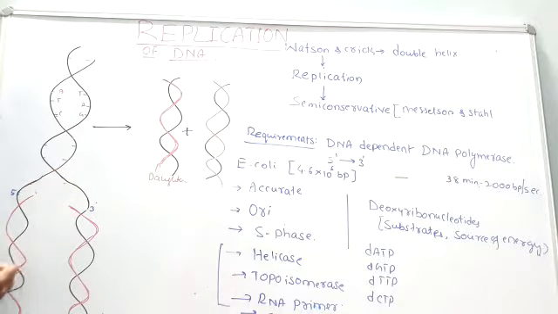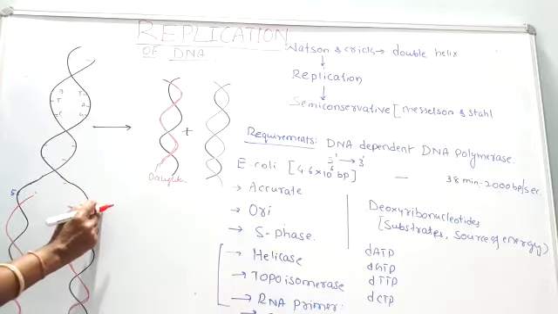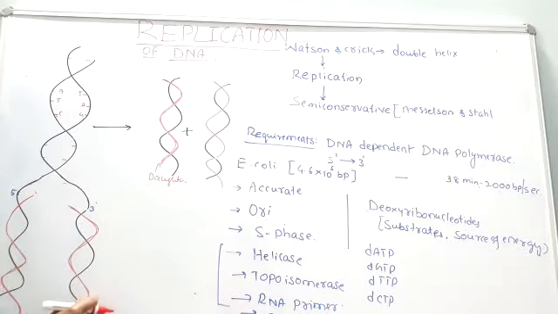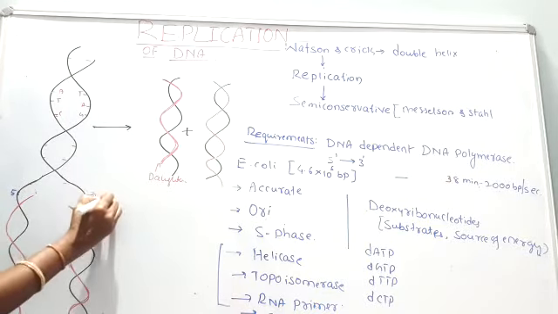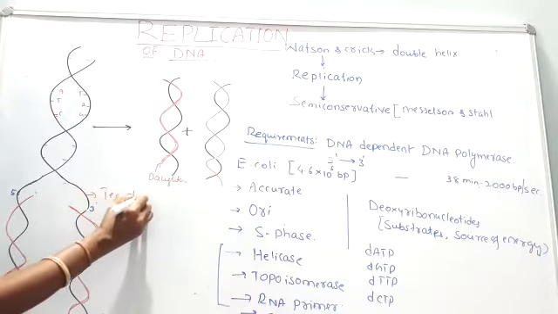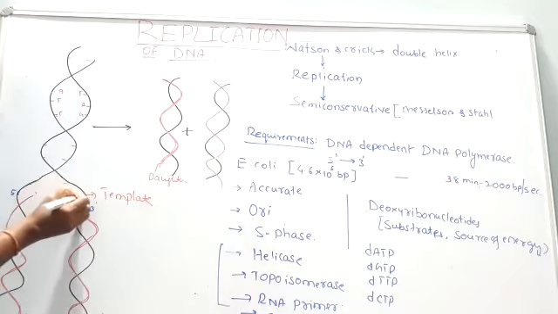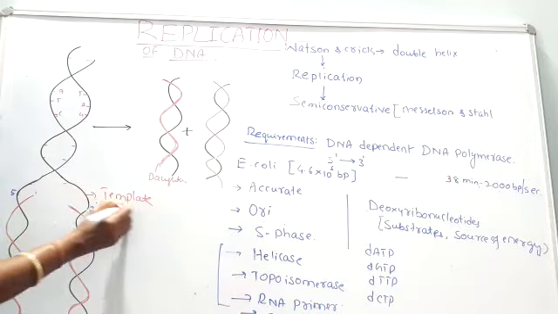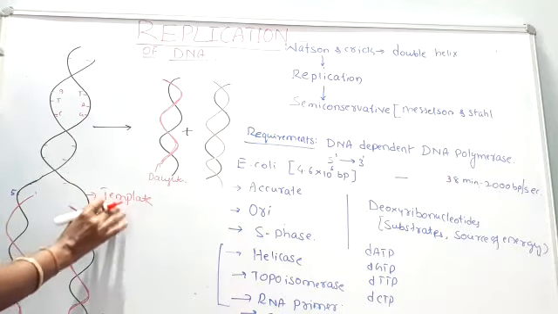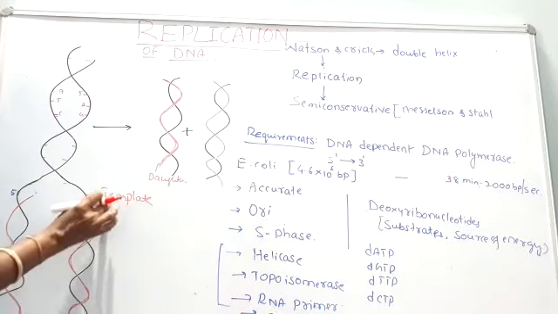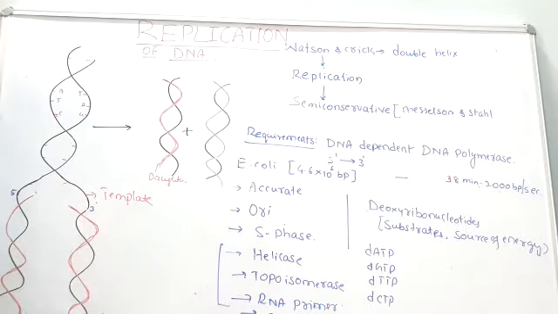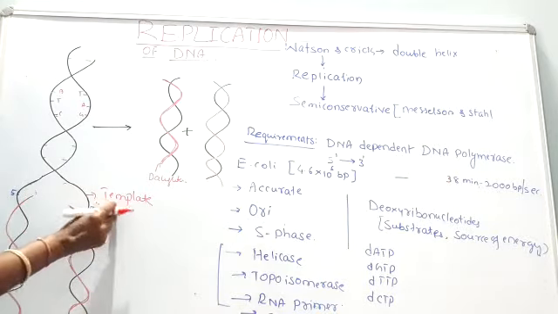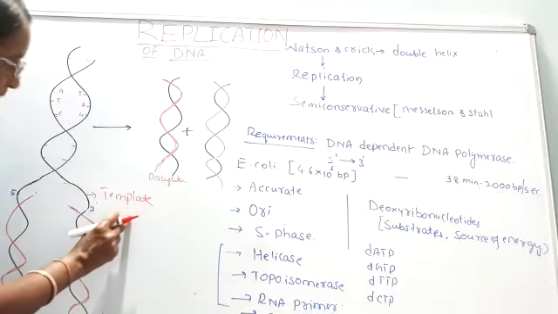One DNA strand gets separated from the other, and they act as templates. One of the DNA strands acts as a template. What is template DNA? A template DNA is one on which new DNA is synthesized. So the new DNA is synthesized on the old DNA, that is the parent DNA. The parent DNA acts as a template DNA.